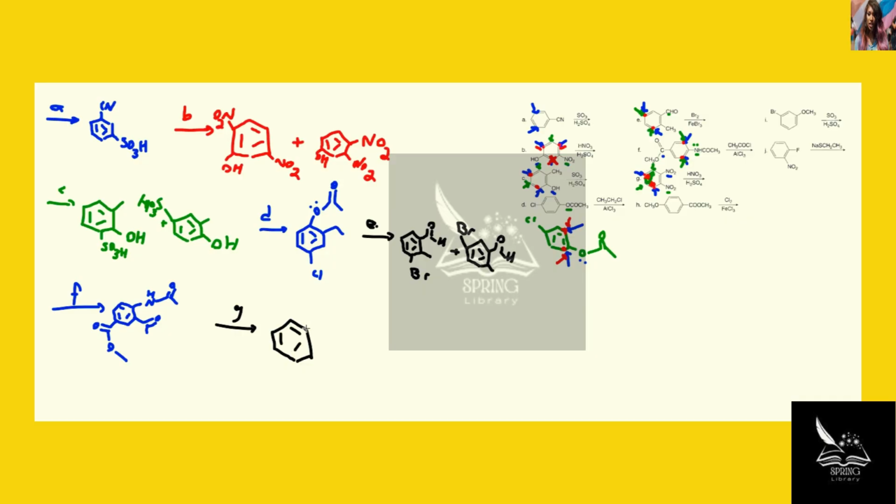One product for the meta position for the top nitro, one product for the meta position on the bottom nitro. So we'll do the top nitro, and I'll just say it's going to be this one. And then we'll do the bottom nitro. And I'll say it's this position here.